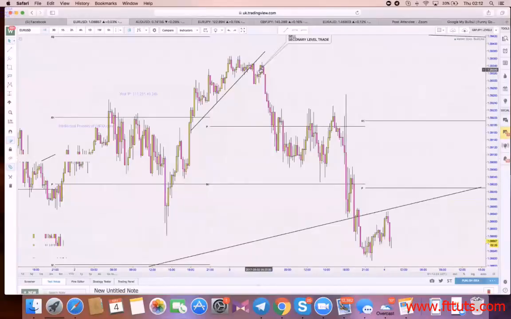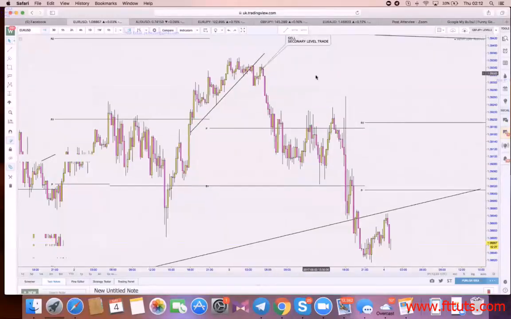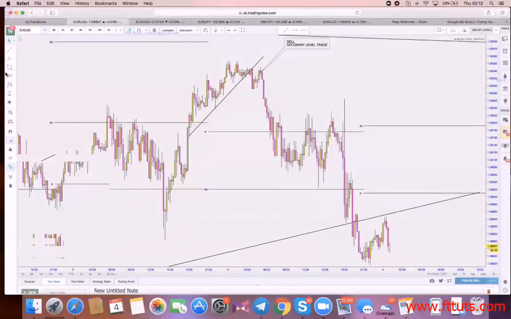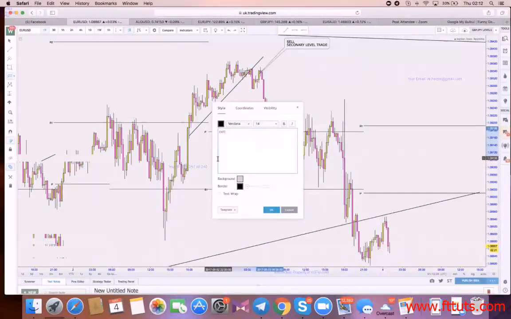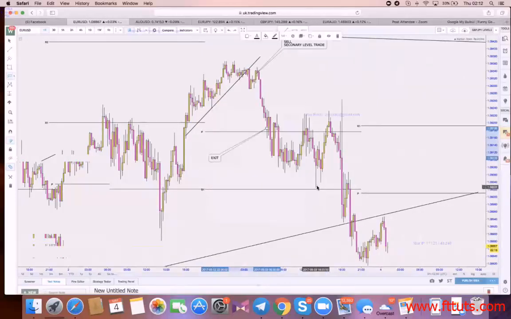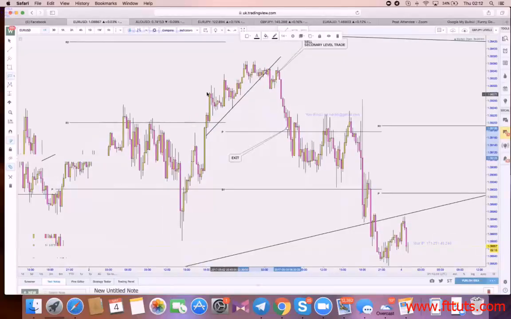That is the first reason. The price came back, fails to break the high of this previous double top, bottom top formation. The price breaches secondary level. This is a sell trade, but a secondary level trade, guys. And that is where you exit the trade, guys. Makes sense? Everybody understand this, right? Okay, good.